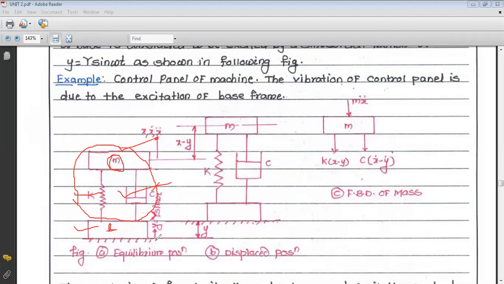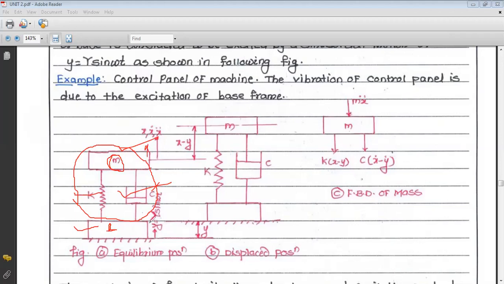Now if your base or support is excited by a motion y equals capital Y sine of omega t, in the upward direction, then because of the excitation of the base in the upward direction, your machine is also vibrating in the upward direction.